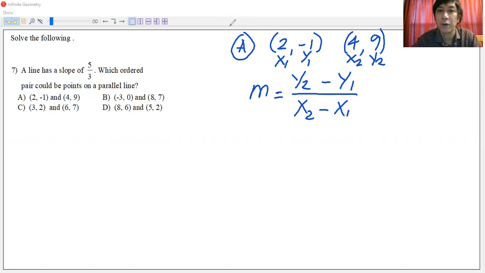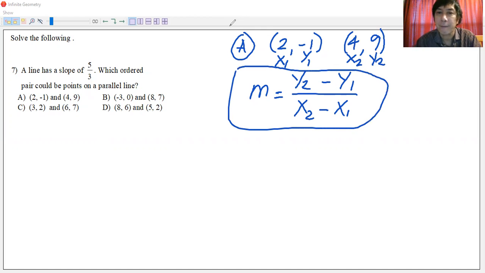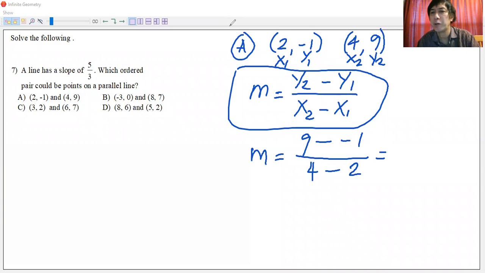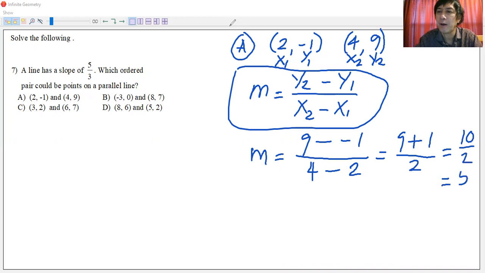So m equals y2, that's 9, minus y1, which is -1, over x2, which is 4, minus x1, which is 2. Simplify: 9 plus 1 is 10, and 4 minus 2 is 2.